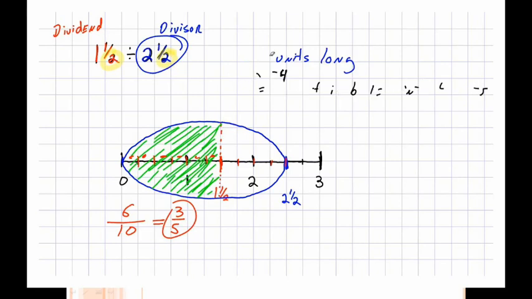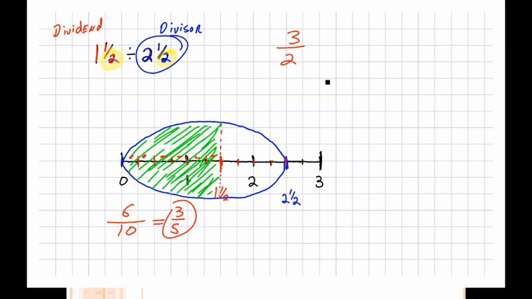So let's look at 1 1/2, and let's rewrite it as an improper fraction. 1 1/2 as an improper fraction. 2 times 1 is 2, plus 1 is 3/2.